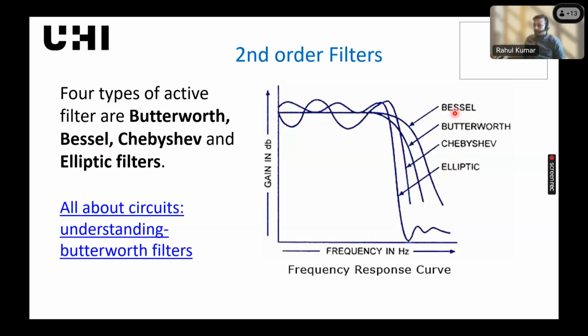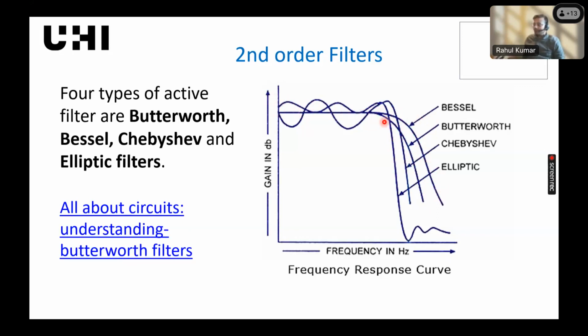Okay, so Bessel. As you can see, this is the response for a Bessel filter. It's quite smooth in the pass band, but the slope is not very sharp, right? It has a smaller slope.